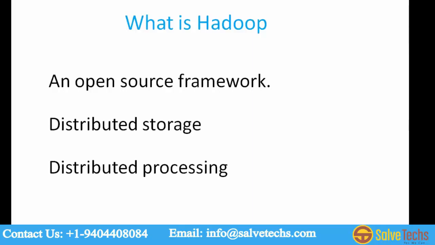So to understand this, let's take a small layman example. Suppose there is a school, and in that school there is a principal and there are 10 teachers as well. Now there is a task of checking 1000 answer sheets. The principal may be qualified enough to do that activity, but checking 1000 answer sheets is a time consuming process.